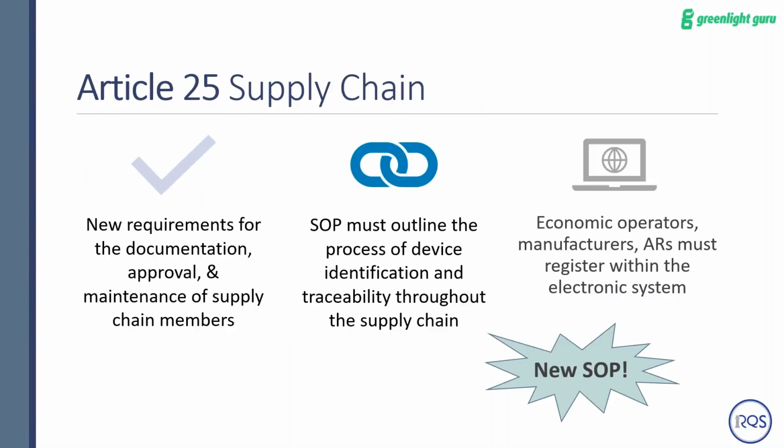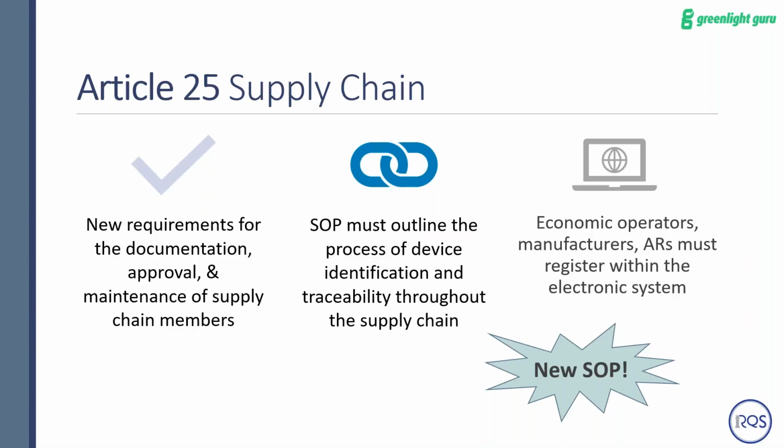Supply chain. So this is another one that's really big, a big update, a big change, and it affects a lot of companies. So it's not just the company that's making the device. This also affects importers, distributors, and what's required for them on complying with MDR. So this is definitely a big change.